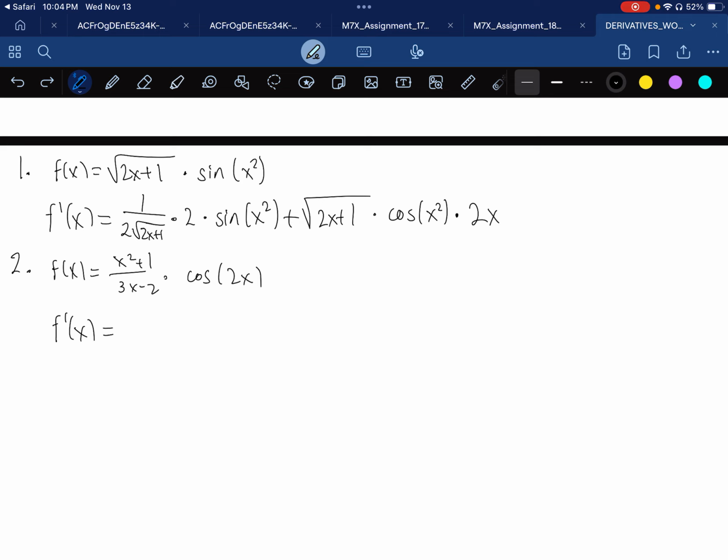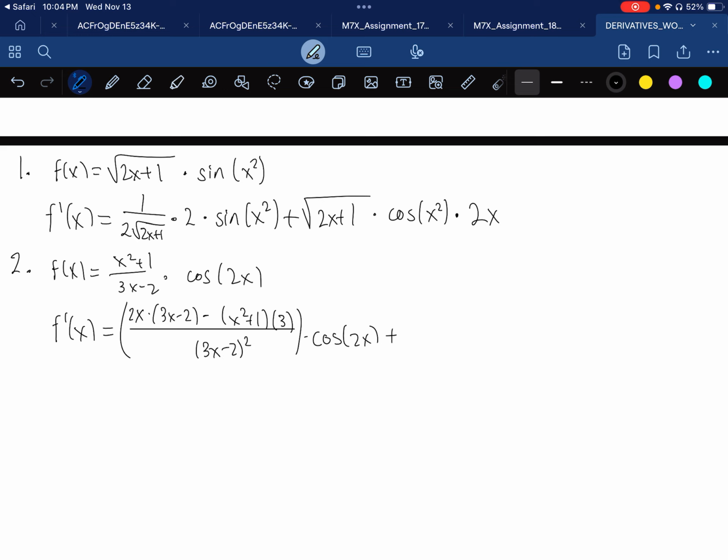And the way to do that is, first the derivative of the left function is a quotient. So the derivative of the numerator is 2x times 3x minus 2 minus x squared plus 1 times the derivative of the denominator, which is 3, and all of that over 3x minus 2 squared, times cosine of 2x.